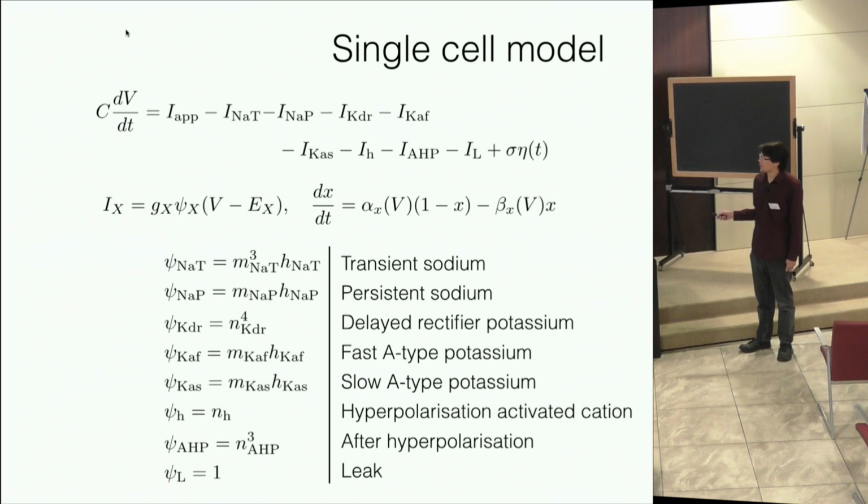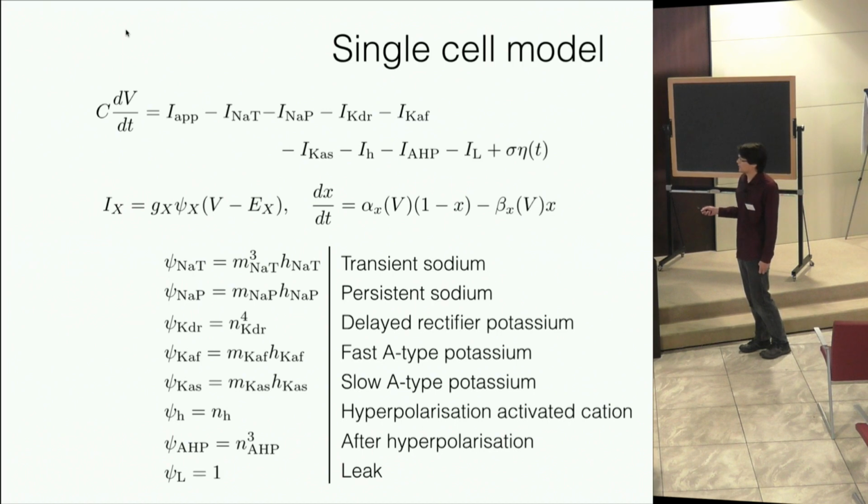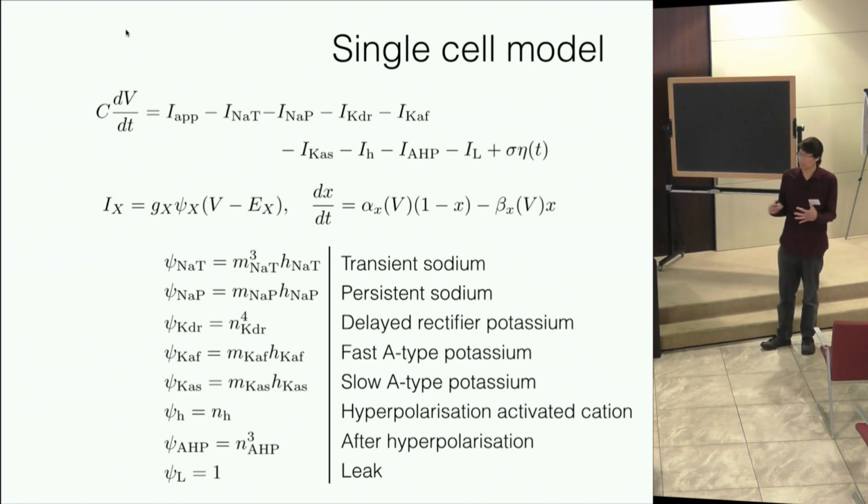A lot of these are the standard currents that have been discussed before in the entorhinal cortex. So you have some sodium currents, transient and persistent, these potassium currents here, and basically these first 5 currents here we think of as just the spike generating mechanism of the cell.